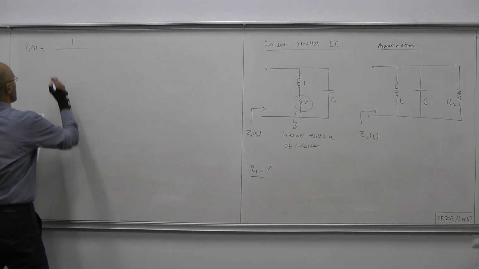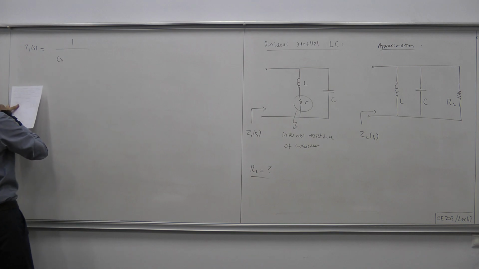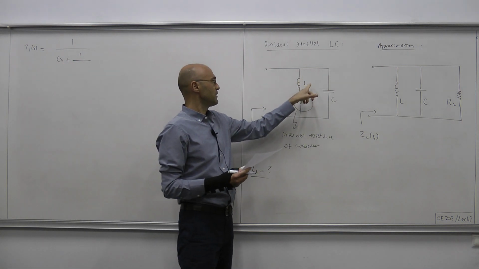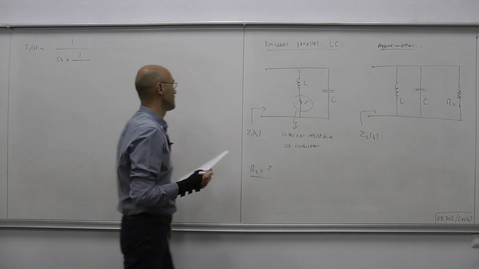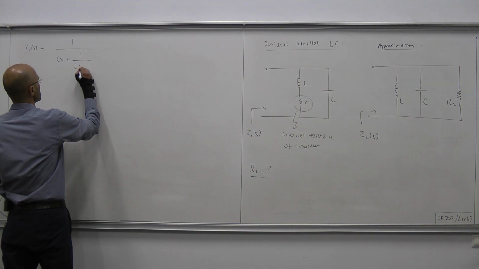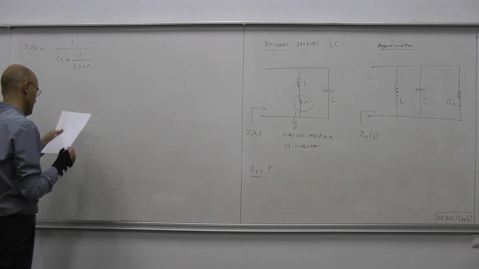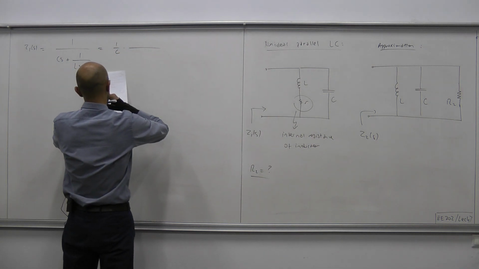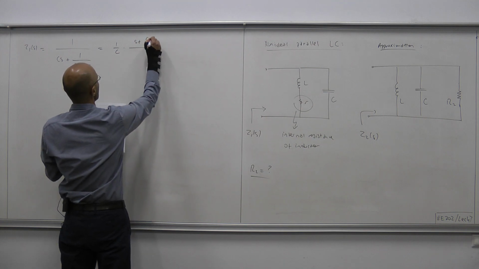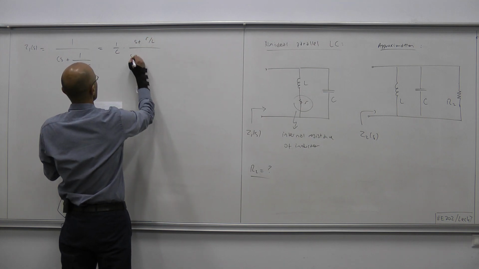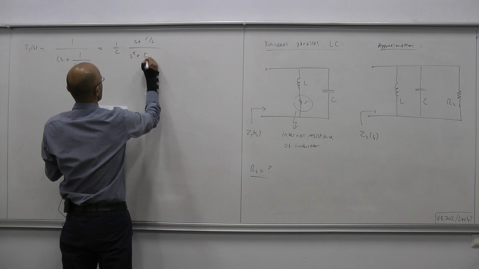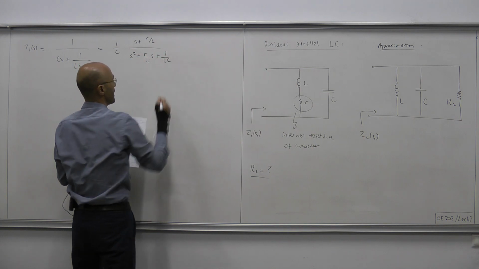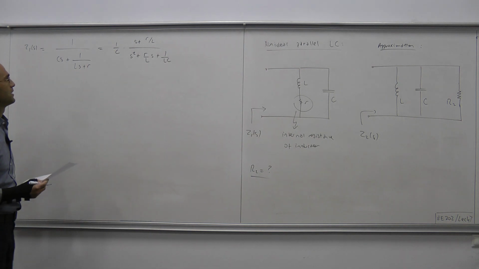The admittance of the capacitor is Cs, and the admittance of the branch is 1 over (Ls plus r). That can be written as 1 over C times (s plus r over L) over (s squared plus r over L s plus 1 over LC). So that's our Z1.